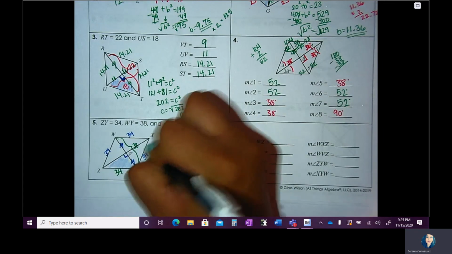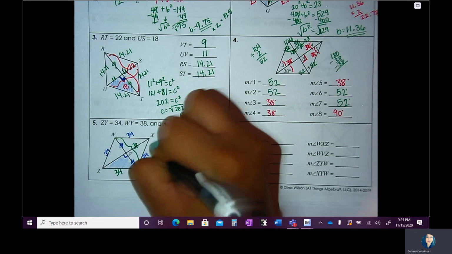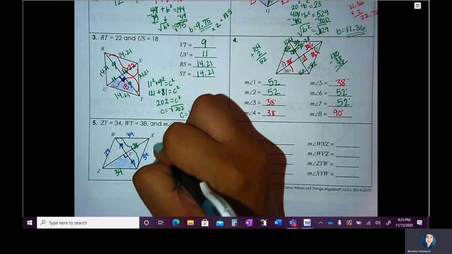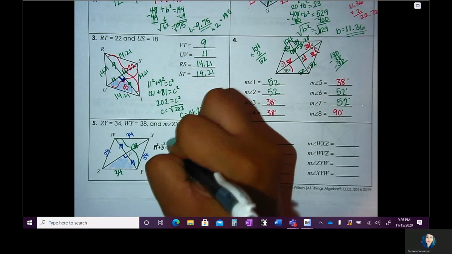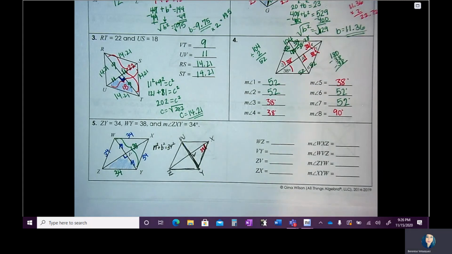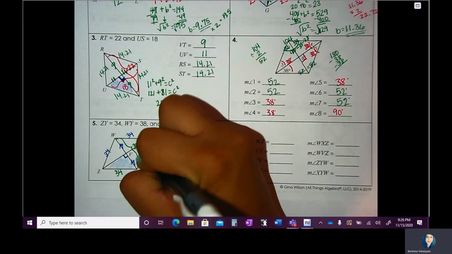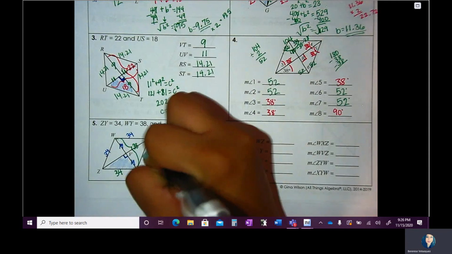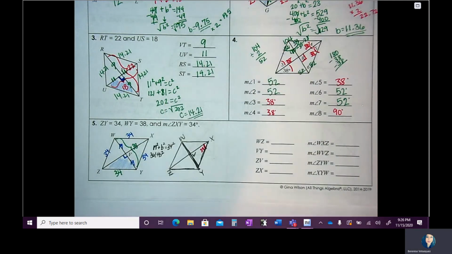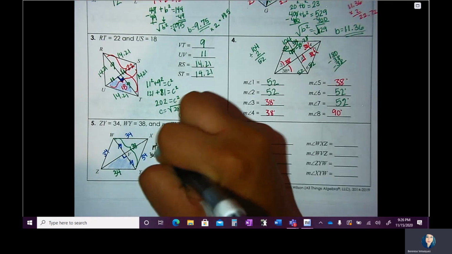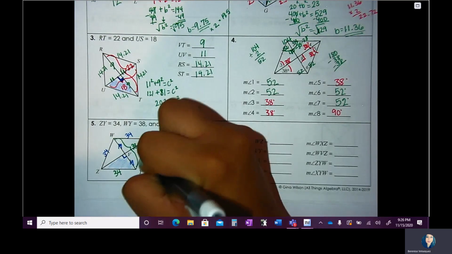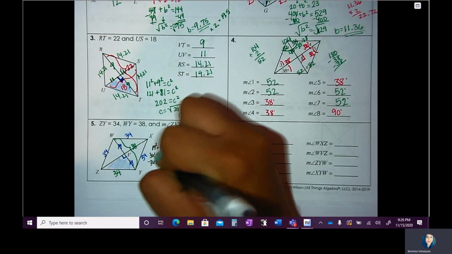I should have left a little bit more space. 19 squared plus my unknown, so that'll just be b squared, is equal to 34 squared. Okay, 19 squared is 361 plus b squared. 34 squared is 1156. Subtract 361 from both sides.